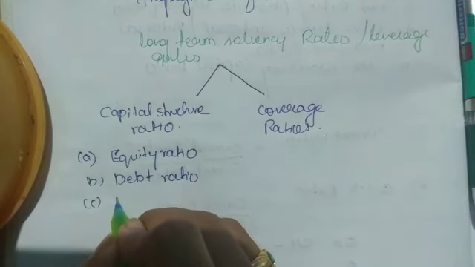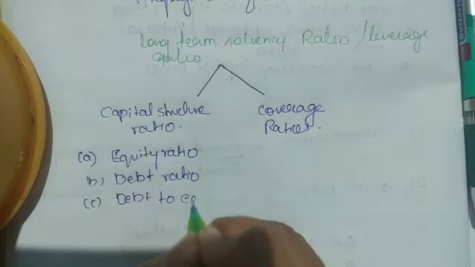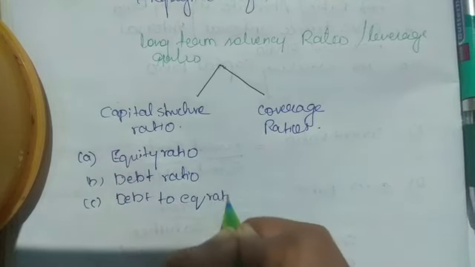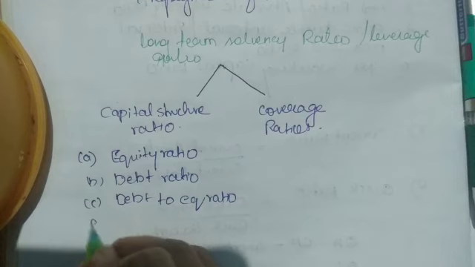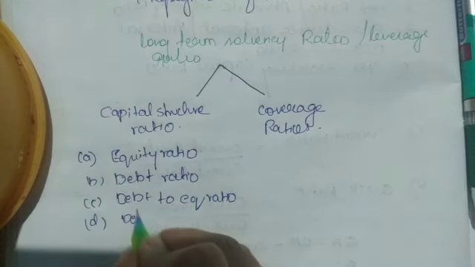Third is debt to equity ratio. Fourth is debt to total assets ratio.